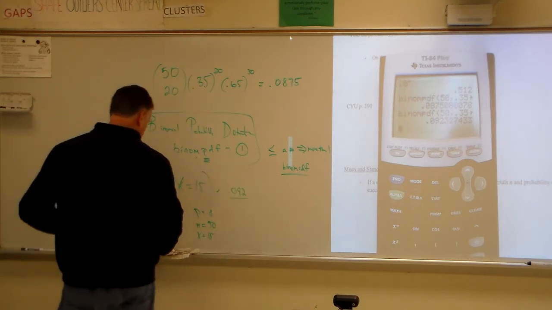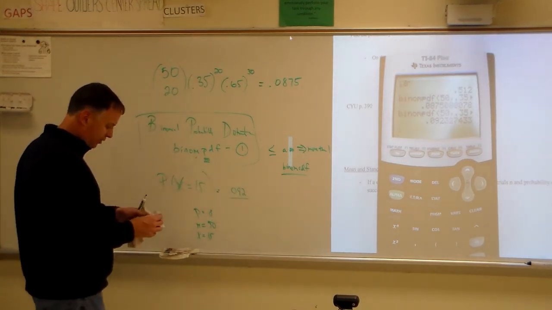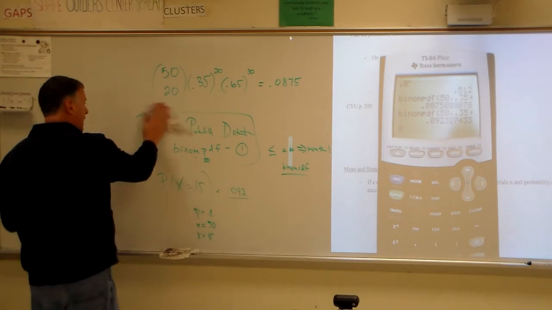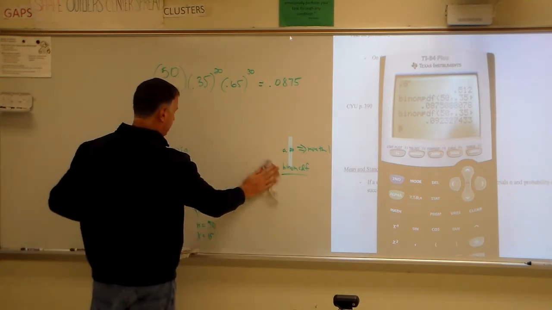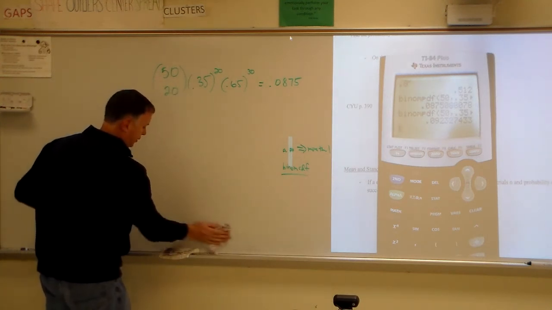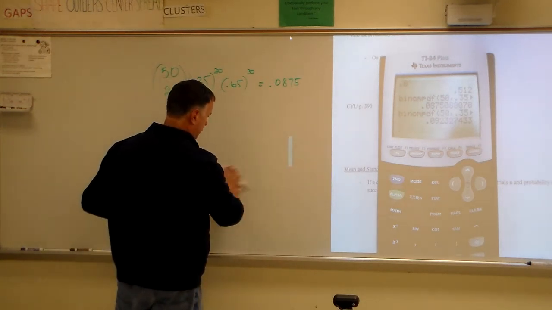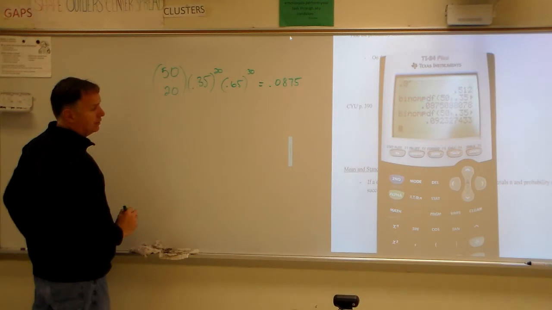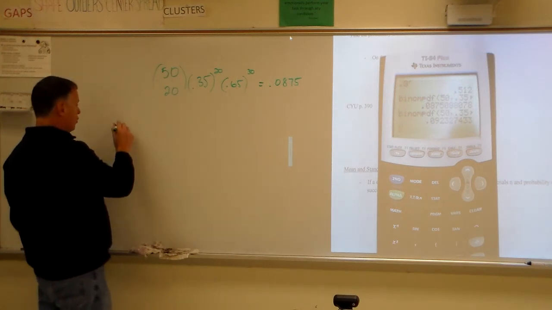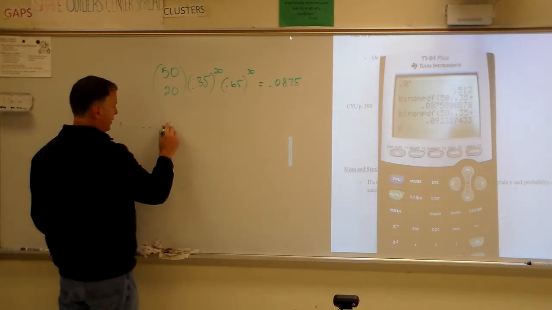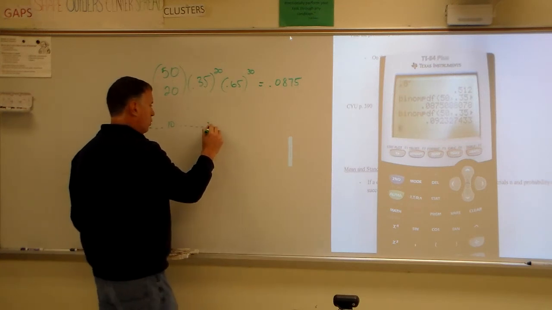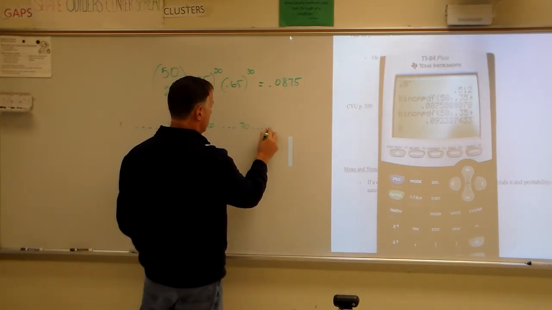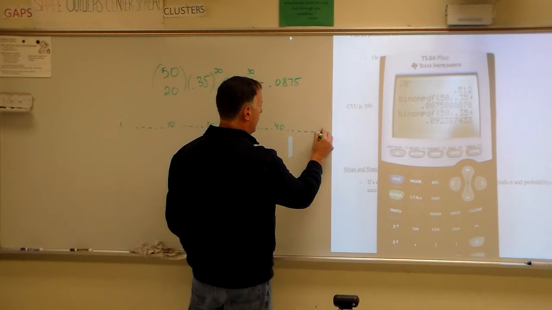So what I want you to picture, and it's going to help us with our next idea, is this binomial probability distribution. There's 50 shots. So here's 1, here's 10, here's 20, 30, 40, all the way to 50.